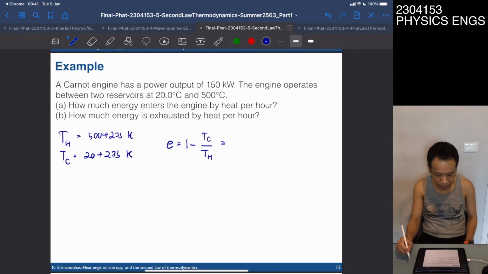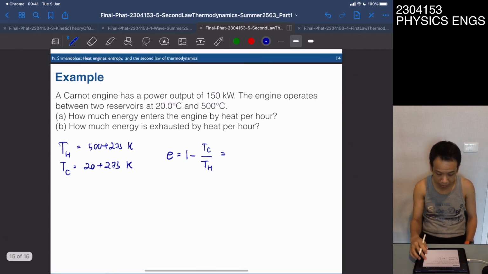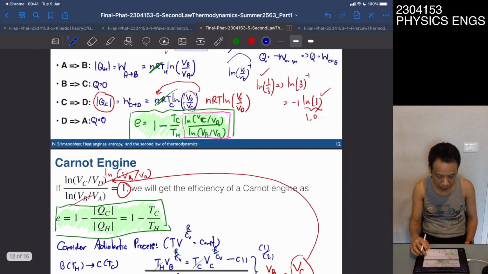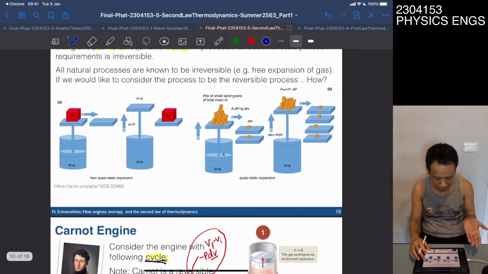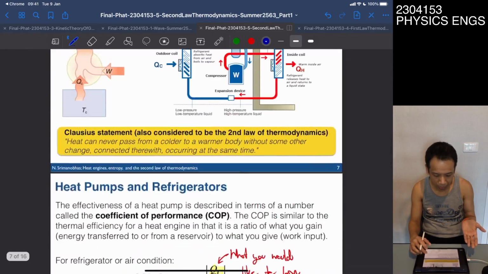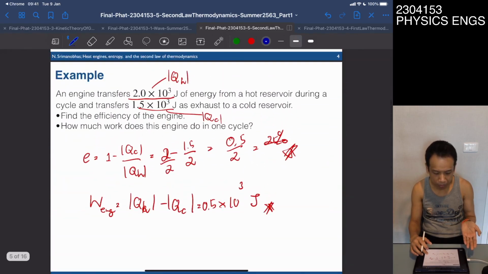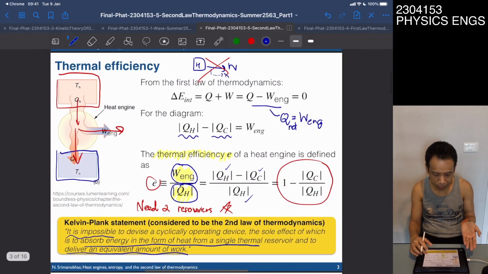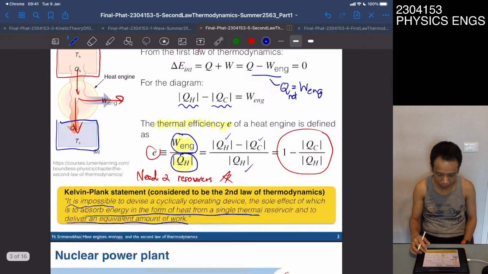And then for the power output, we have another efficiency that we used before, because this is the heat engine, right? We can use the same concept that we developed before. The thermal efficiency is the W of the engine divided by QH.